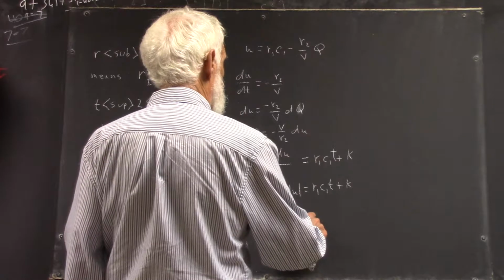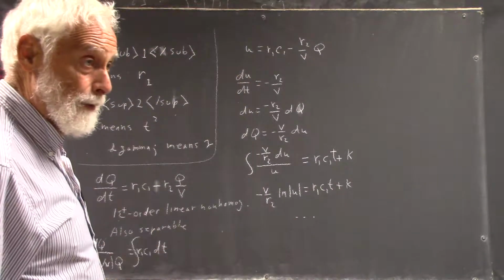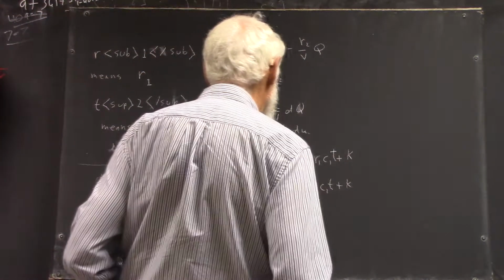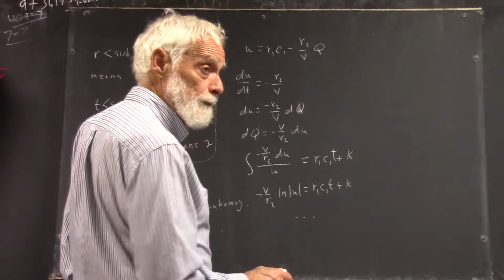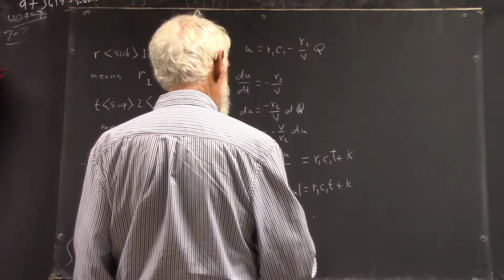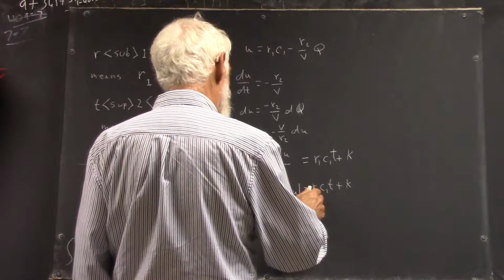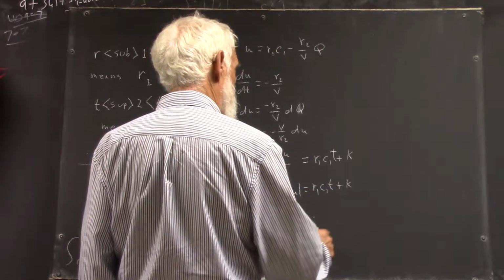And if you don't remember how to deal with this, look back at the videos from last time, I think, or the time before. Okay? So you're going to multiply by negative R2 over V. So over here, you're going to get R1 R2 C1 over V times t.